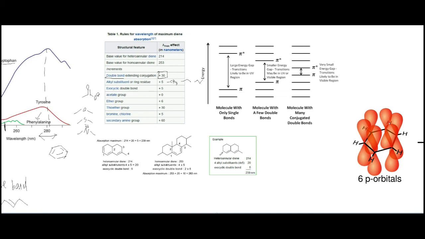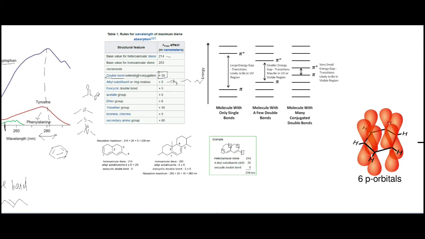And we have an example here too, where we have what's called the heteroannular diene, which just means that the double bonds are in separate rings, which means we start with the 214. It has 4 alkyl substituents on it. So that would be things like that. So that's 1, 2, 3, 4 alkyl substituents.